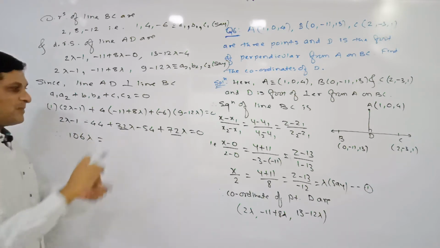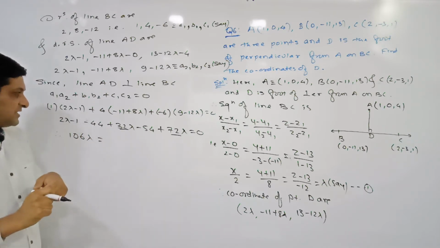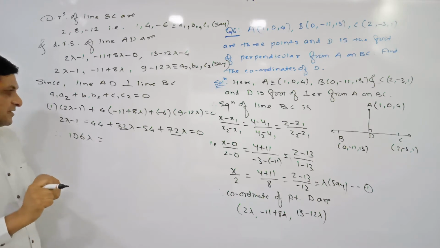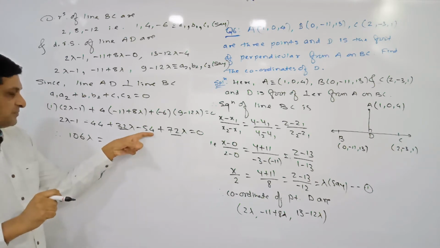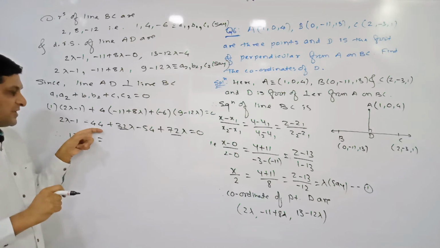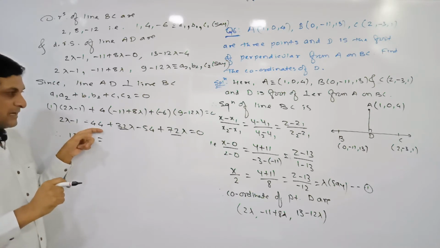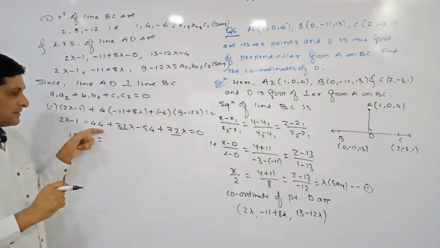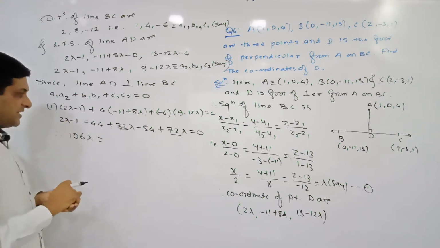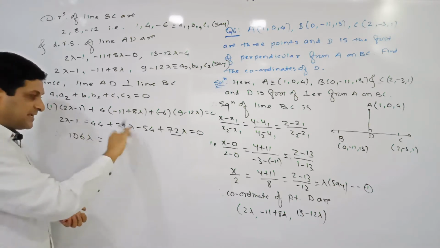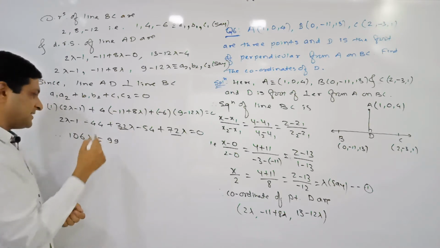Collect the constant terms on the other side. Minus 54 and minus 44 is minus 98, and minus 1 makes minus 99. Minus 99 on this side becomes plus 99.